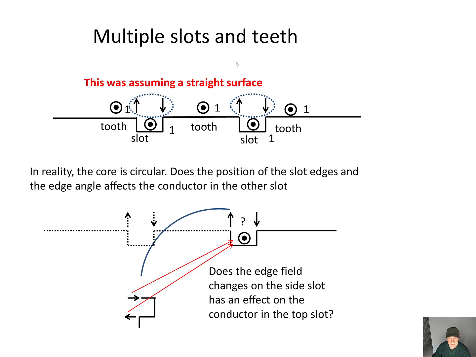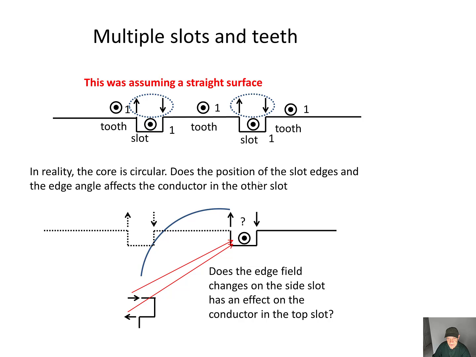Multiple slots and teeth. This was assuming again a straight surface. There's a tooth and a slot. The induction is 1 and 1 and 1 also. So on a straight surface, multiple slots and teeth had no effect on other slots. But in reality, the core is circular.